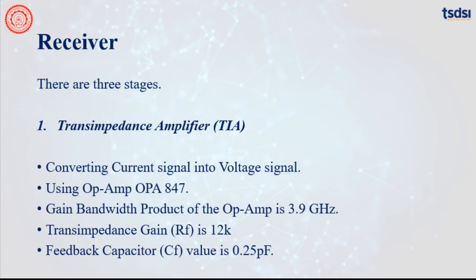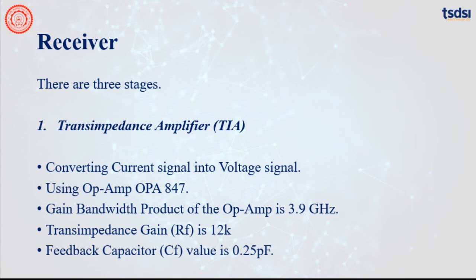After that we have the receiver circuit, which has three stages. The first stage is the transimpedance amplifier circuit, which converts the current signal into a voltage signal. The op-amp I am using in it is the OPA847, and its gain bandwidth product is 3.9 GHz.